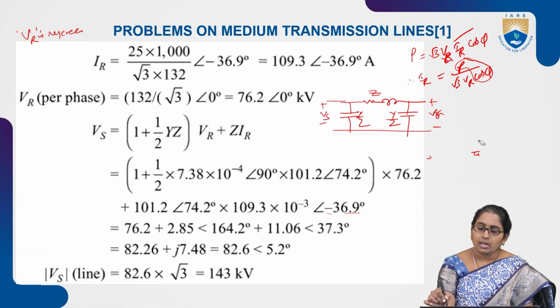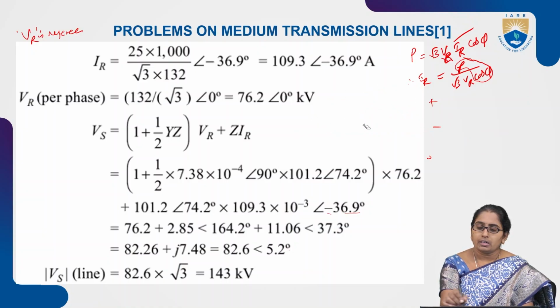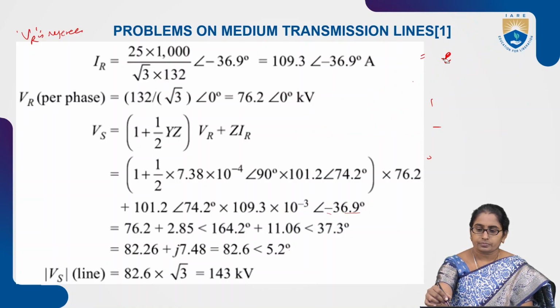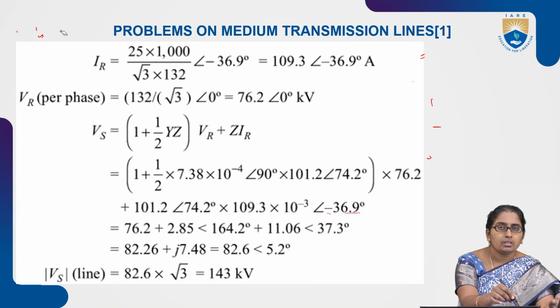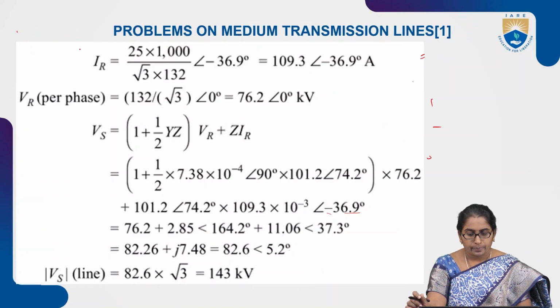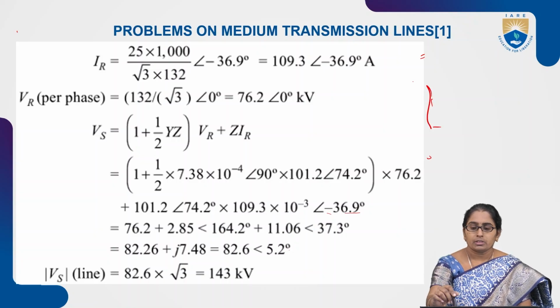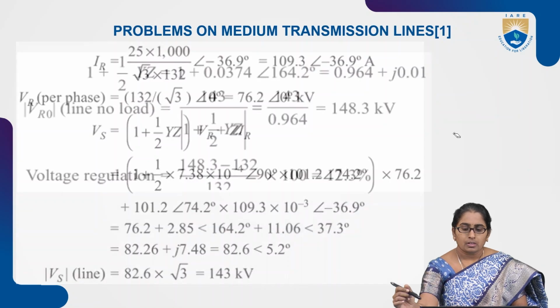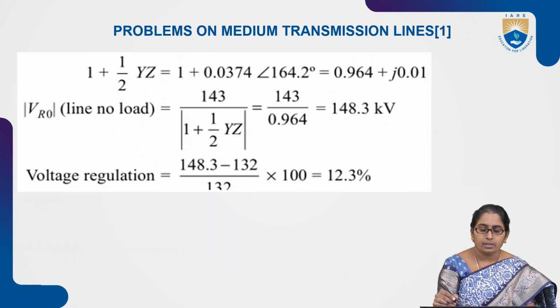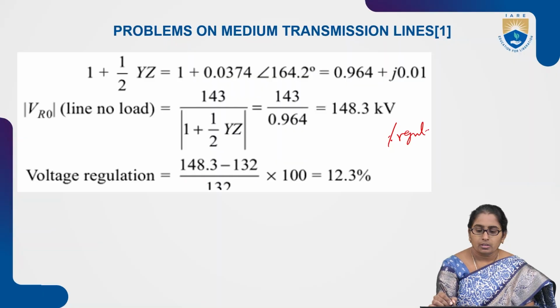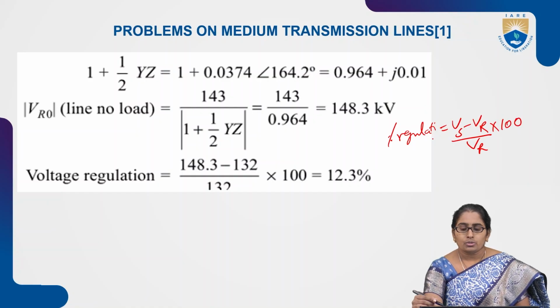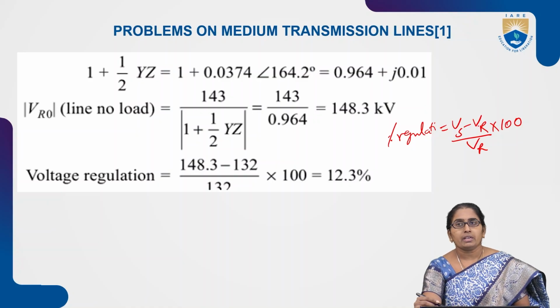Then in the given question, they also ask you to calculate regulation. We know the regulation formula. Directly we can calculate transmission line regulation as Vs minus Vr by Vr into 100%.